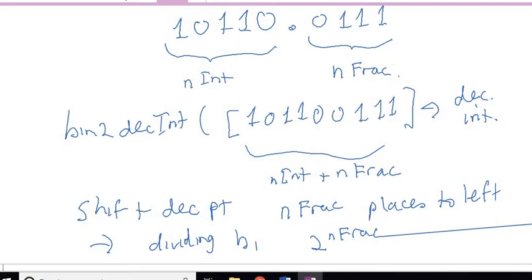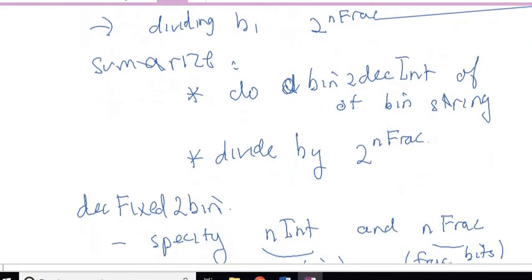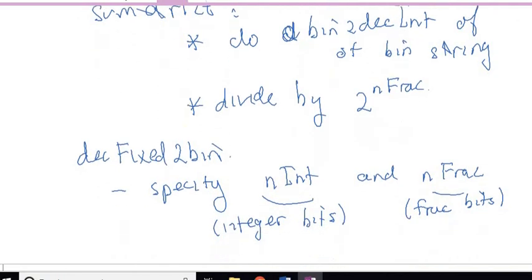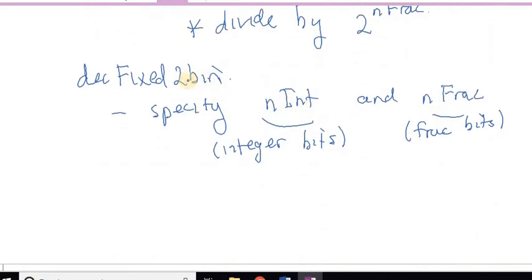So to go the other way, we're also going to specify the number of integer and fractional bits. One reason for doing this is that a decimal number may have a repeating binary as the fractional part. So we need to cut off the fractional part. We can only specify nfrac fractional bits. And we also may have a fixed length for the integer bits, so we want to specify the number of integer bits as well.